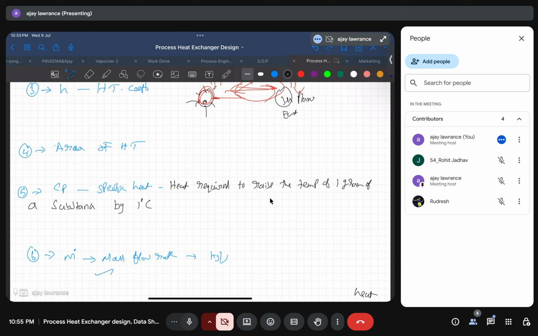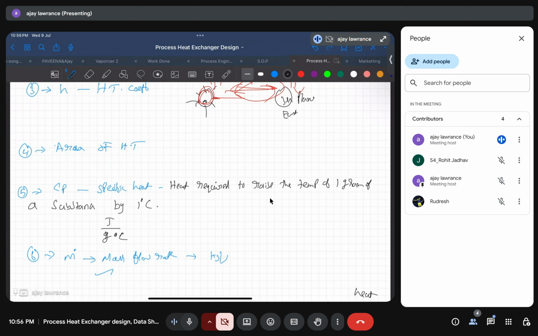Here also you can write 1 Kelvin or 1 degree Celsius. That is called specific heat. The unit is joule per gram degree Celsius. Here also you can use Kelvin, but since it is general practice in industry, I'm using degree Celsius here also.